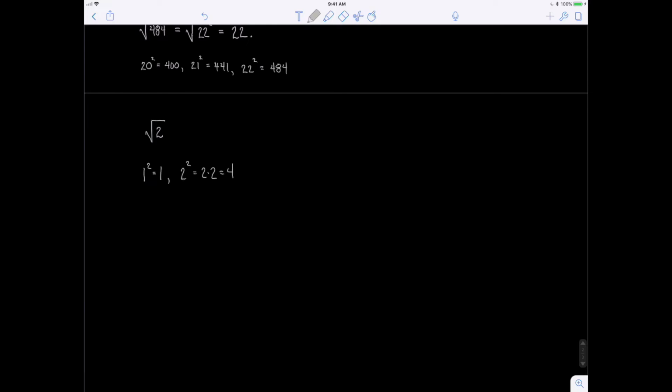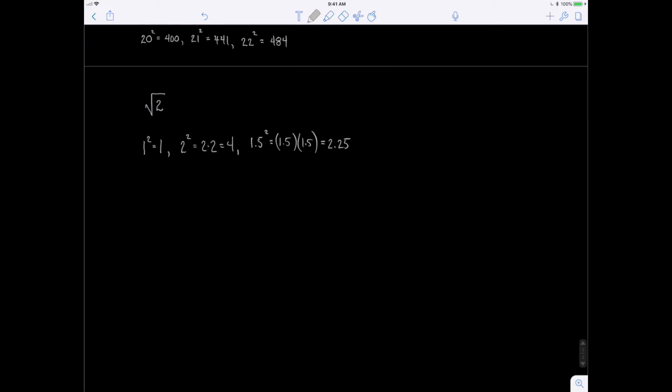What if I try 1.5? So if I tried 1.5 and I squared it, well, I can actually do that one for you. That works out to be 1.5 times 1.5, but that's 2.25. Interesting.